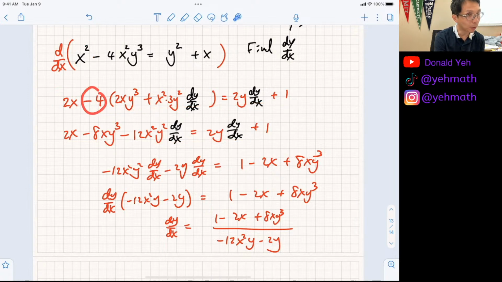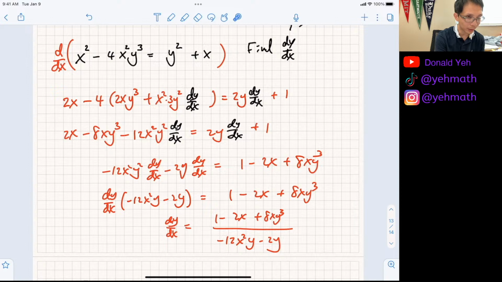I leave that negative 4 alone, since it's a constant. I just take a parenthesis and take the derivative of x squared y to the cube. This is a product rule. Because x squared times y to the cube is a product, I'm going to do left d right, right d left. So it's going to be 2x for x squared, and just leave the y to the cube. Are you following me so far?